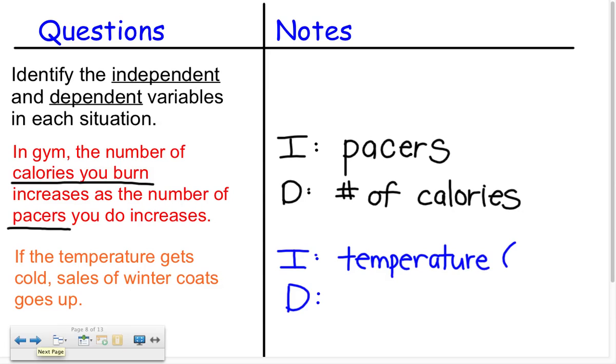And you could even say the temperature going down. And then based off of that temperature going down, the sales of coats is our dependent. And that should increase.